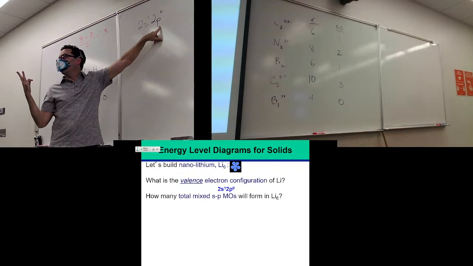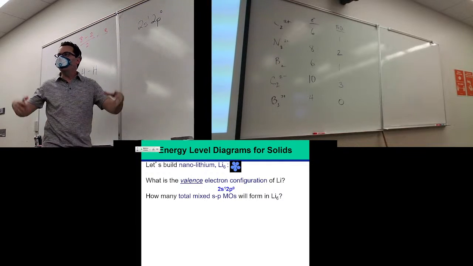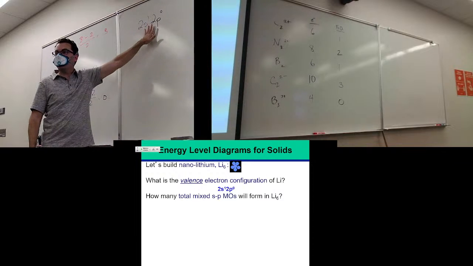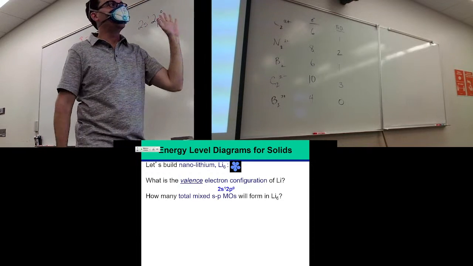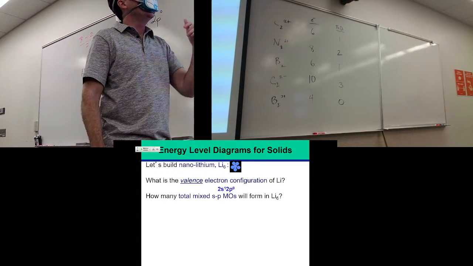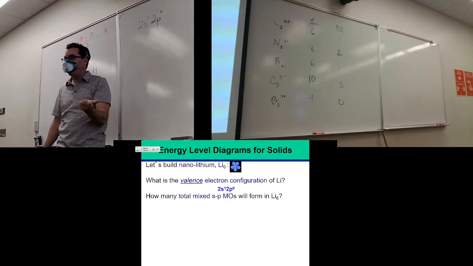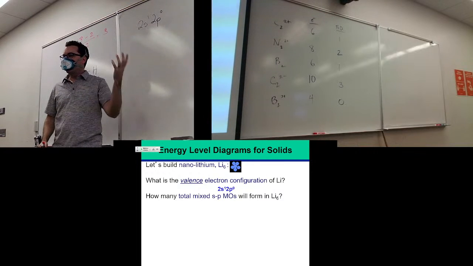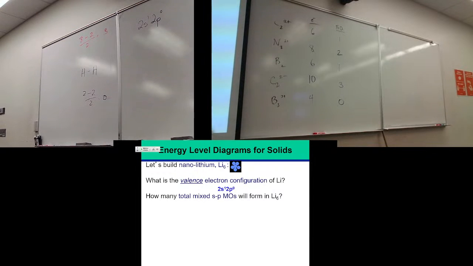They come in sets of 3, right? The 2px, 2py, 2pz, or m sub l 0, 1, minus 1, whatever. So 4 valence atomic orbitals. Each lithium has 4 atomic orbitals. And if there's 6 lithiums, there's going to be 24 total atomic orbitals. And the law of conservation of orbitals is those 24 atomic orbitals will make 24 molecular orbitals.